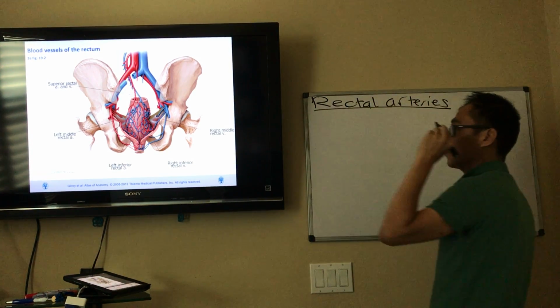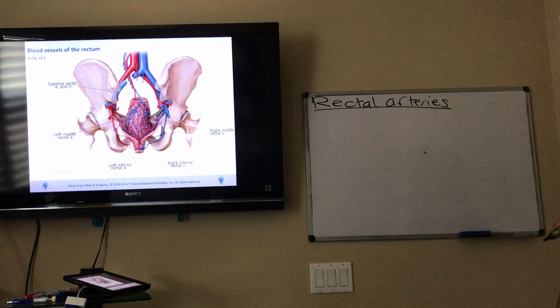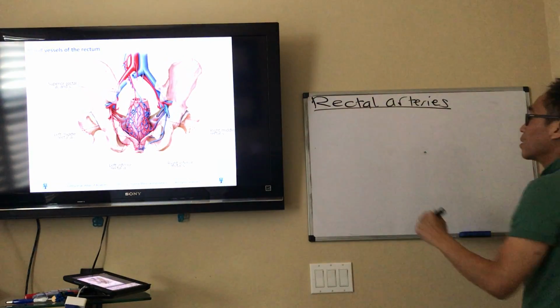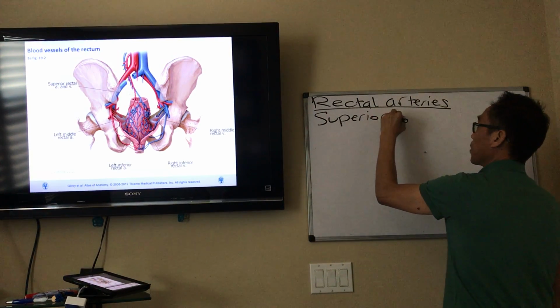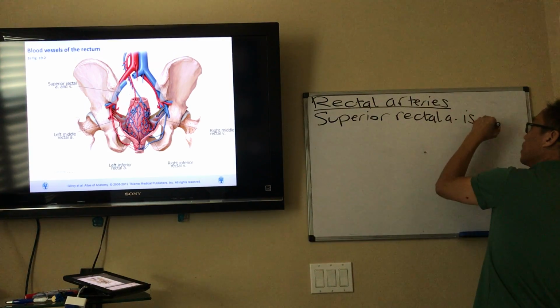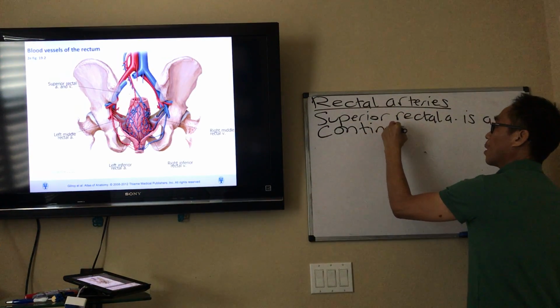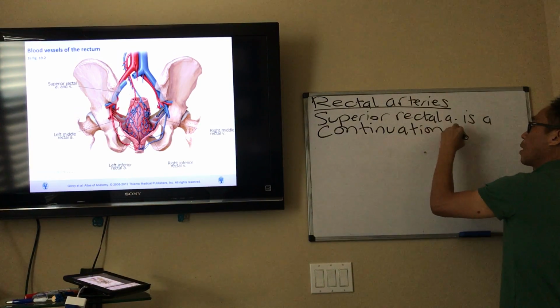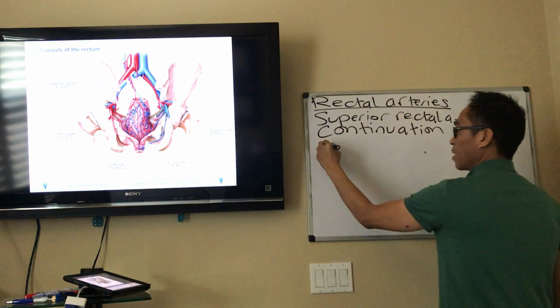The first one, the superior rectal artery, is a continuation of the inferior mesenteric artery.